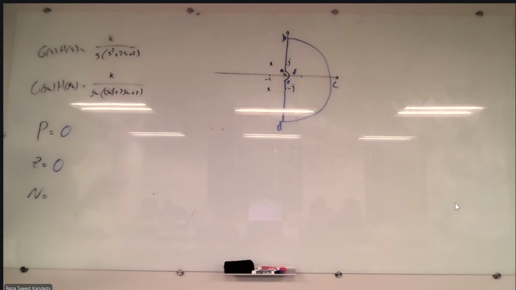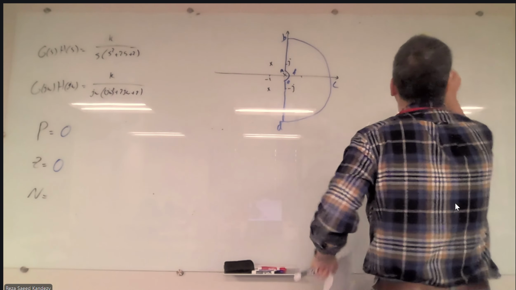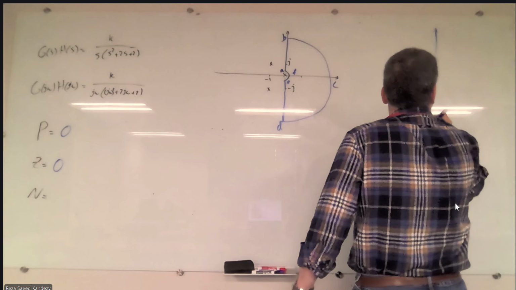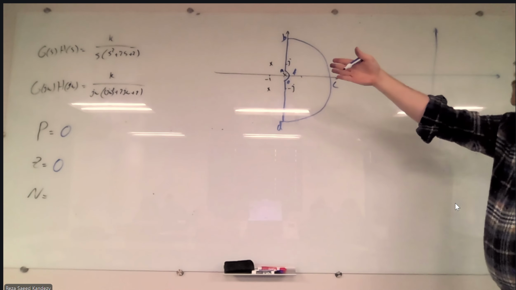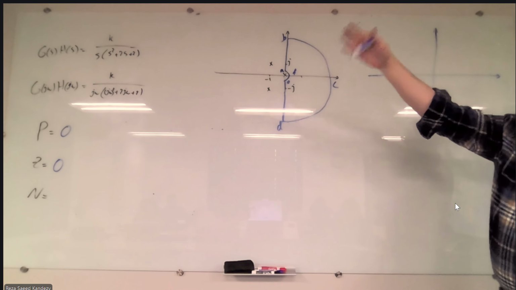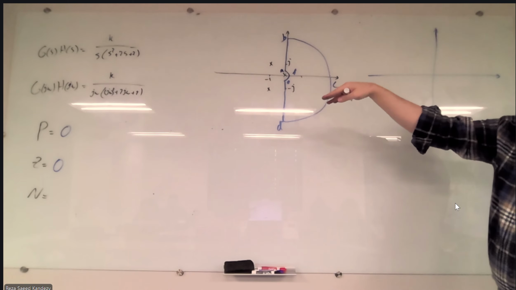Okay? And now we need to map the contour into our mapped domain, which we can call T or F, that doesn't matter. It is the transfer function of the overall feedback.